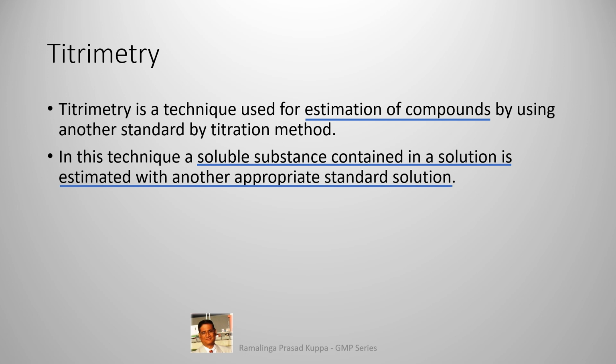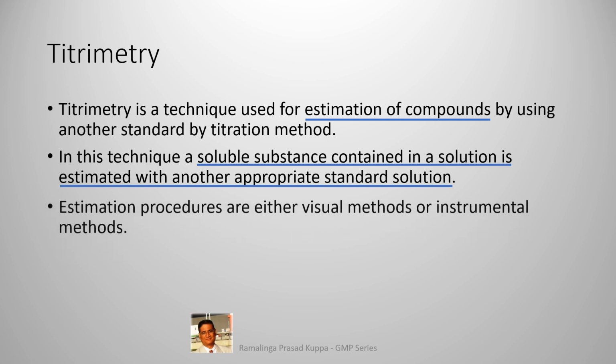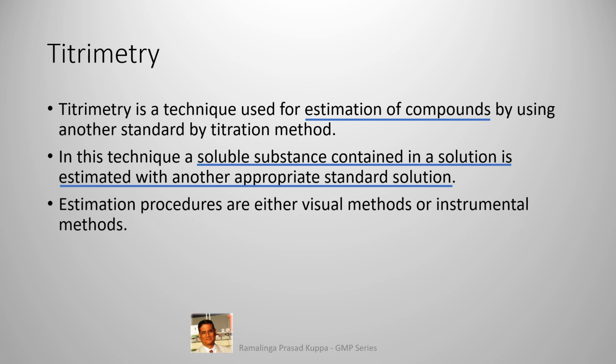This is the basic setup of a titration method. Estimation procedures are either visual methods or instrumental methods. Equivalent point or endpoint is identified by a suitable indicator solution. Generally, the indicator solutions are colored and sharply change color at the endpoint, in which the color change can be identified very easily.